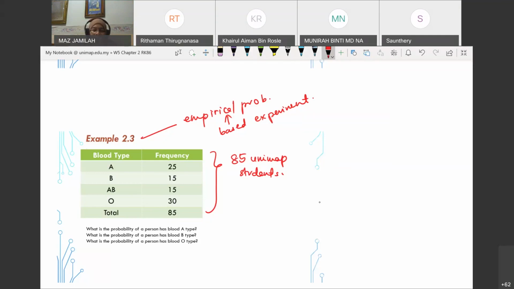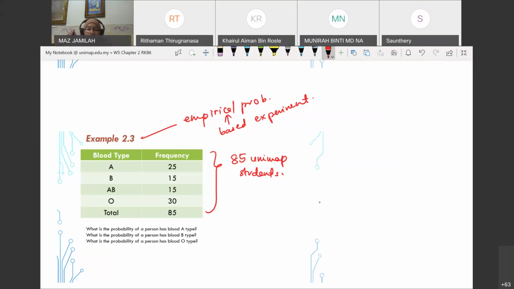Okay, my blood type is A. Then I record one blood type A. Go to the next student, second student, my blood type is also A. Then the frequency of A increases to 2. Then I go to the third student, what is your blood type, please? Then the student says, oh, my blood type is O. I repeat the question until the 85th student.